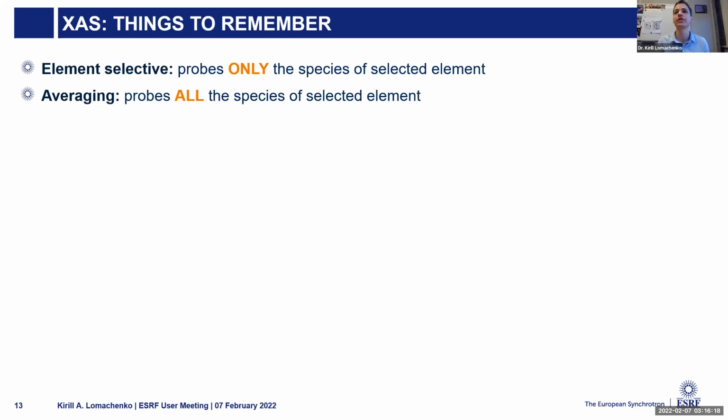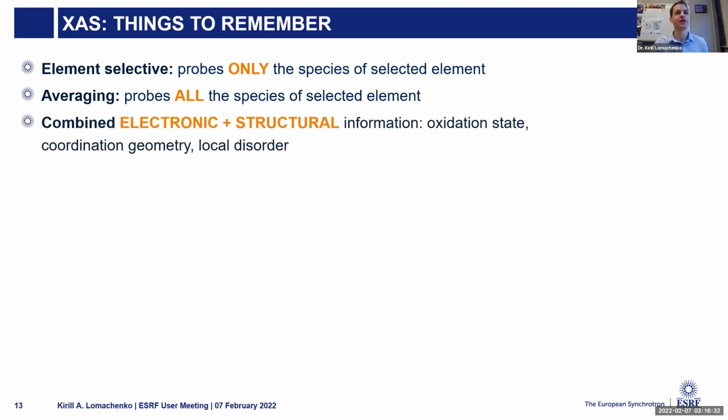And the weight of these contributions will be proportional to the relative abundance of these species in your sample, in the part of the sample that is exposed to the X-ray beam. And of course, we like this method because it contains electronic and structural information about the absorbing species: oxidation state, coordination geometry, local disorder, and so on.